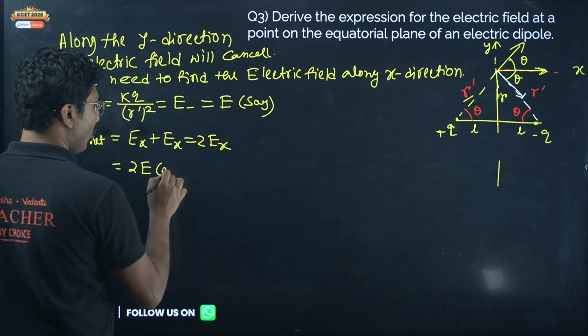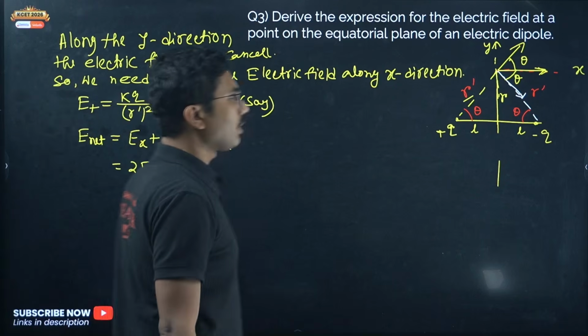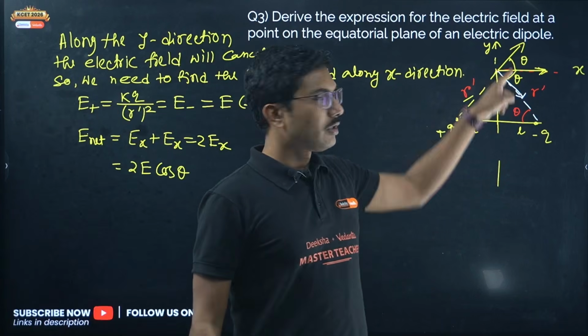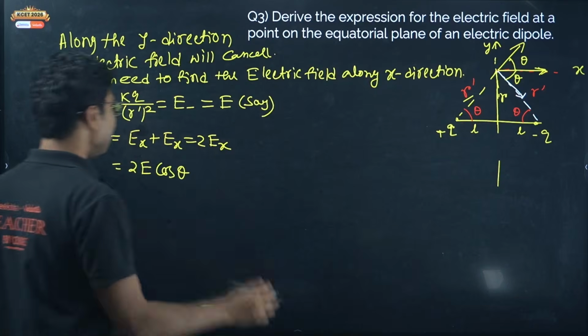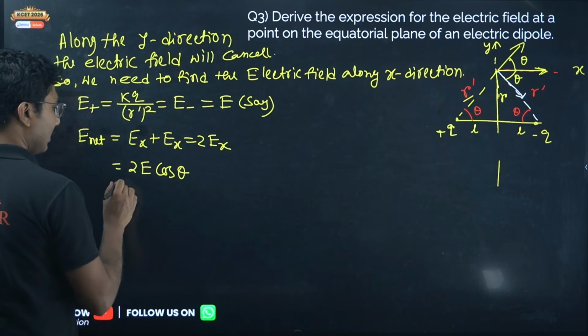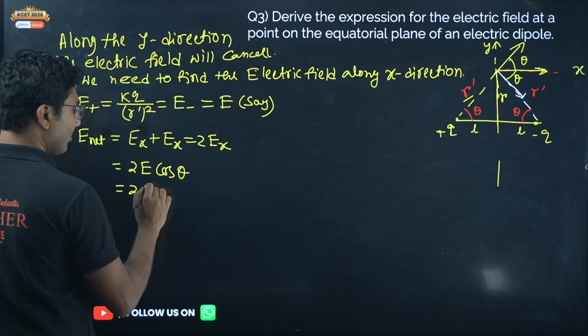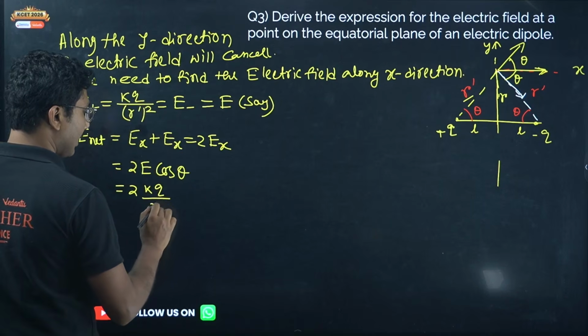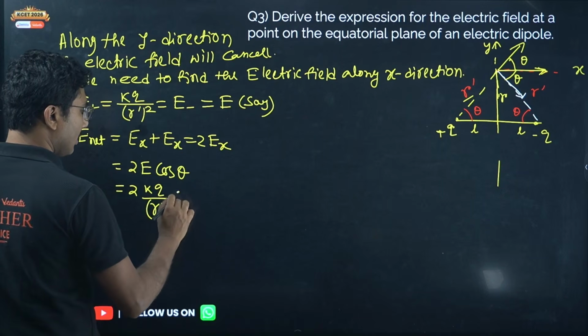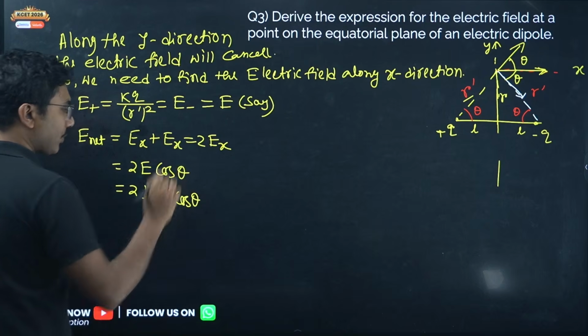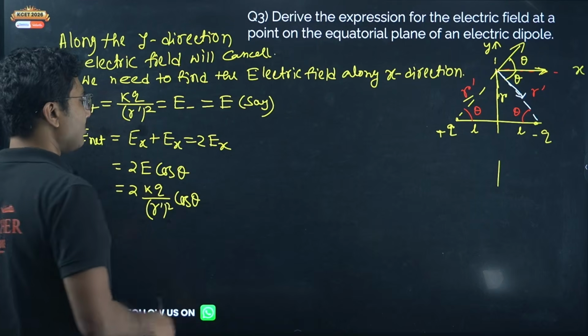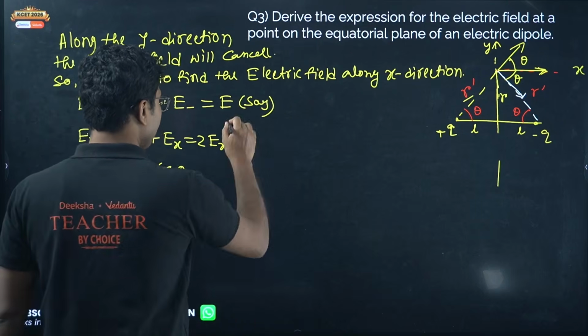Ex is E cos theta. Okay, both of them are same cos theta component, so E cos theta is the net electric field. So 2 into what is E, this KQ upon R dash square into cos theta. Now put the values of R dash, put the values of cos theta, and your answer will be done.